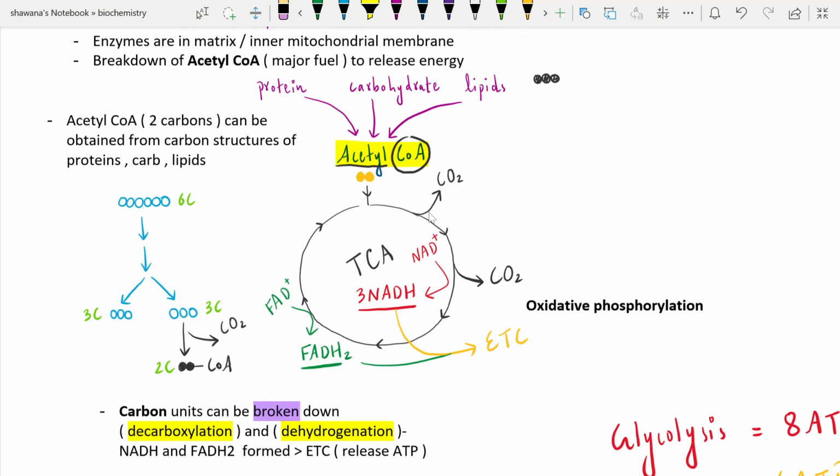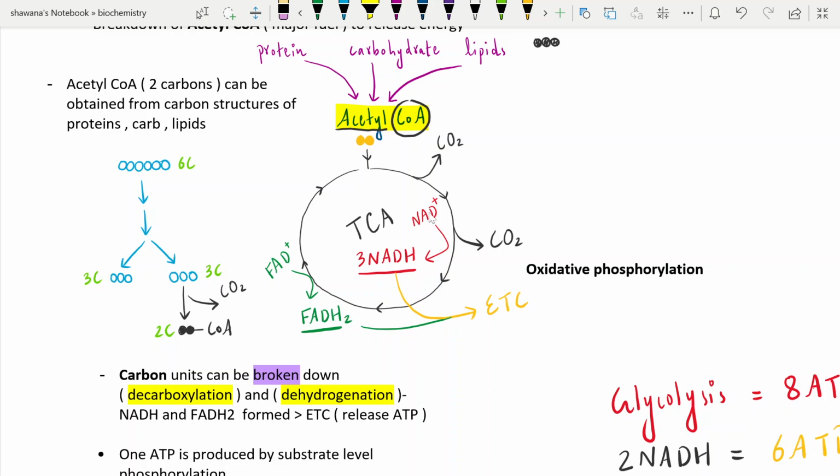So let's talk about something. In this reaction, the energy is generated by the breakdown of the carbon units of the acetyl component of acetyl CoA. So carbon components are broken down, and this undergoes decarboxylation. It means that carbon is removed from this compound, and the only thing we get from that removed carbon is carbon dioxide.